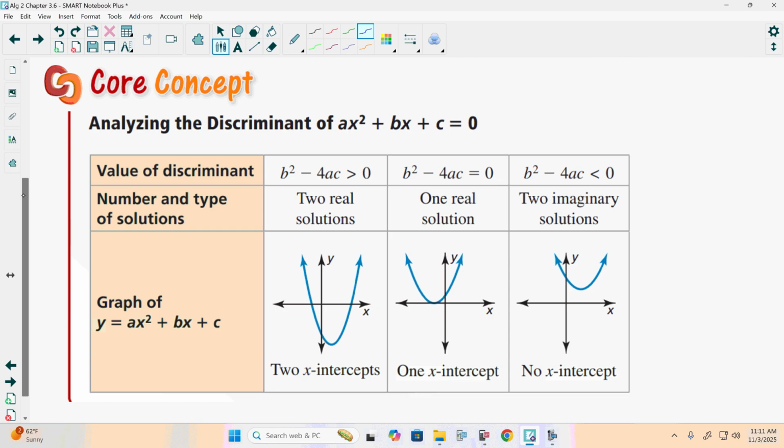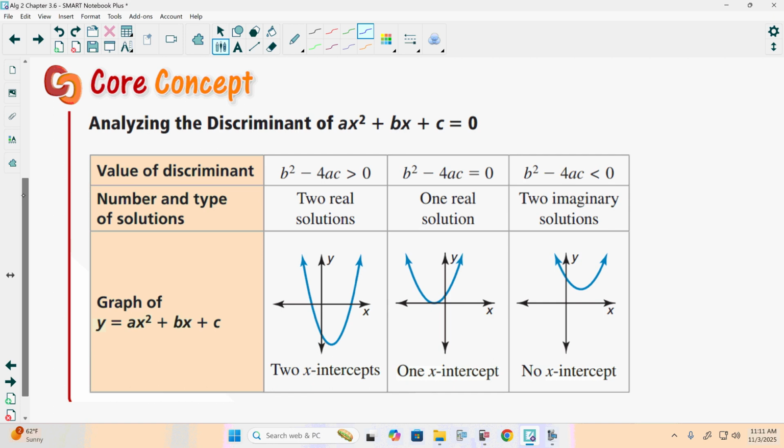I would say one unique solution. We still have two solutions, it's just that they're both the same number, as we saw with 2/5 and 2/5. Or I'd say one real solution. And if it's less than 0, some call it imaginary, I call it complex. We'll have two complex solutions, as we just saw in the last one.